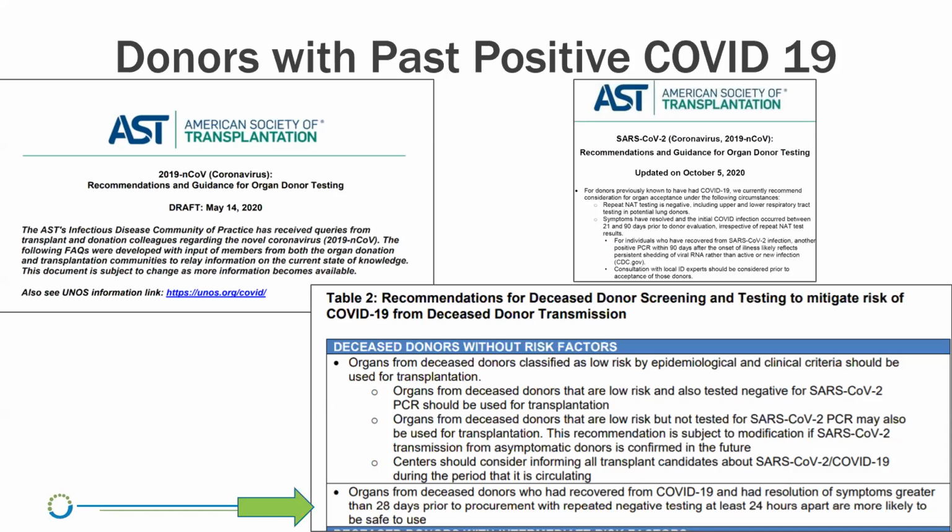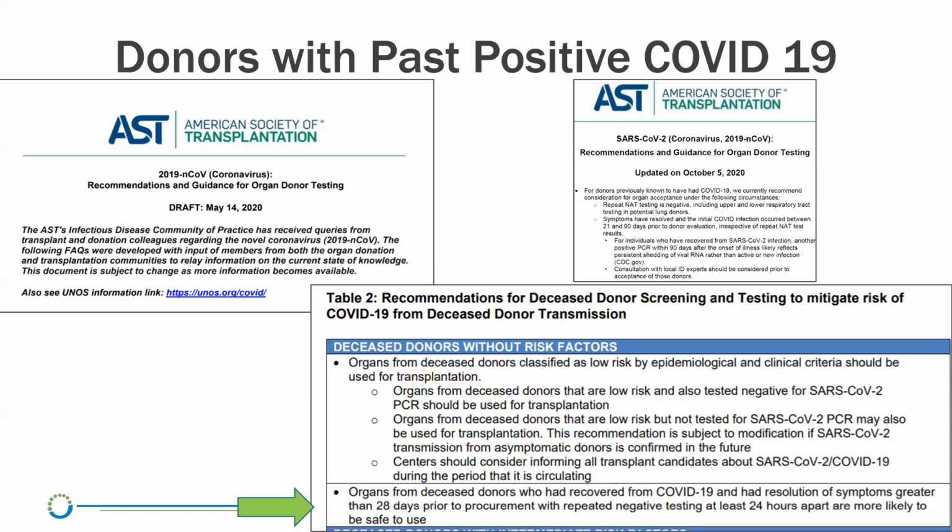And then fast forward to May 2020, we started getting more guidance, both for transplant centers and for OPOs, which really brought us to this: organs from deceased donors who are COVID negative, or who had been COVID positive and are symptom-free for greater than 28 days prior to procurement, are good to go. And with repeated negative testing, we're able to move forward with organ donation and transplantation.